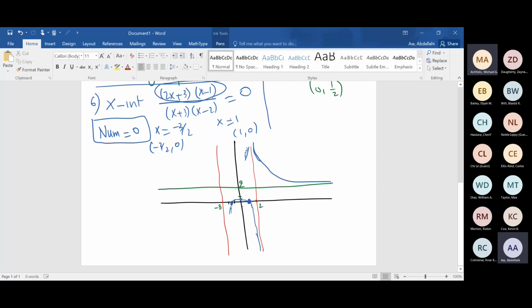You see, this is the part where I said we really don't know what happens. That is why in the test, I don't really insist that you graph it. I will ask you about the asymptotes, the x-intercept, the y-intercept, all that. If you have a graphing calculator, you can use it to get an idea of how the graph looks.